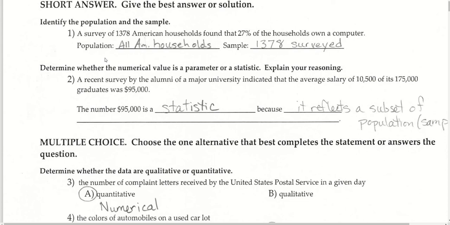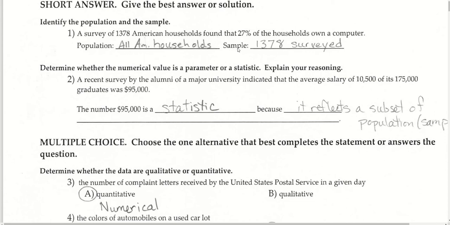In question 1, we were asked to identify the population and the sample of the study. It says a survey of 1,378 American households found that 27% of the households own a computer. Remember, the difference between a population and a sample is the population consists of all of the objects that are being studied, whereas a sample is a subset of the population.